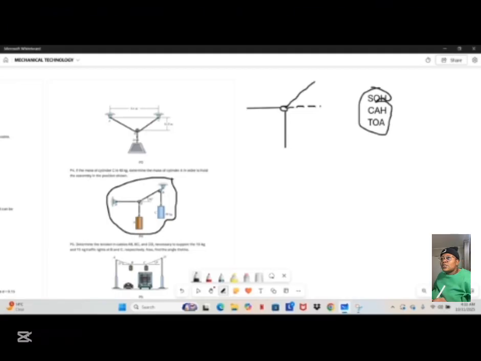It is labeled B, C, C, A. In most cases we don't need a D. And then we have an E, which is a point at the center.